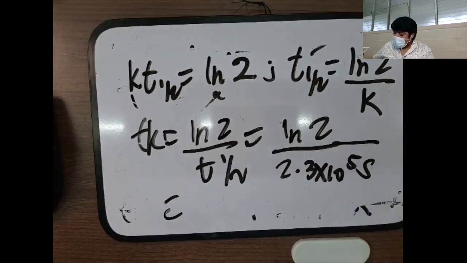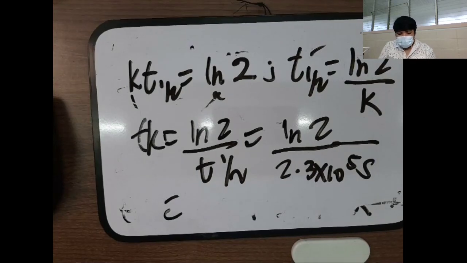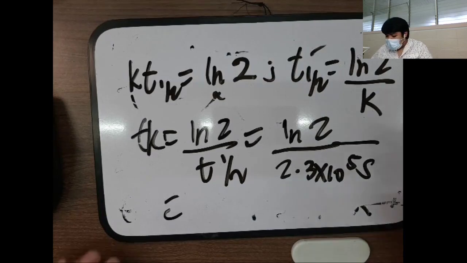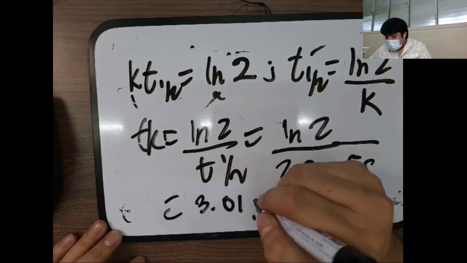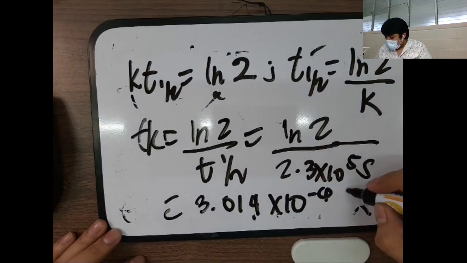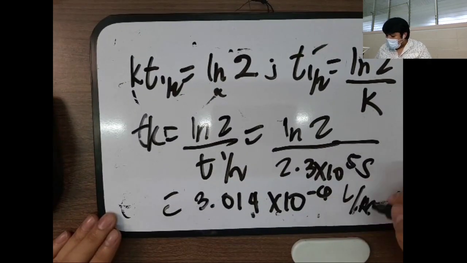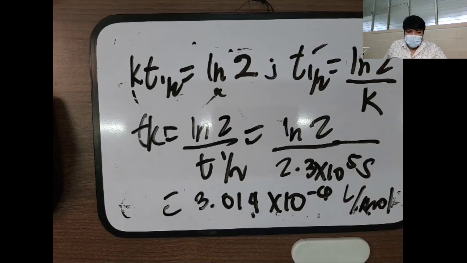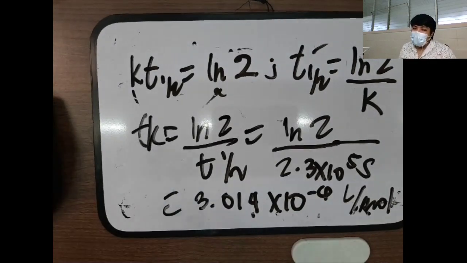So this is equal to ln 2 divided by 2.3 times 10 to the negative 5. It is equal to 3.014 times 10 to the negative 6 liter per mole, or per molar. So that's the final answer.